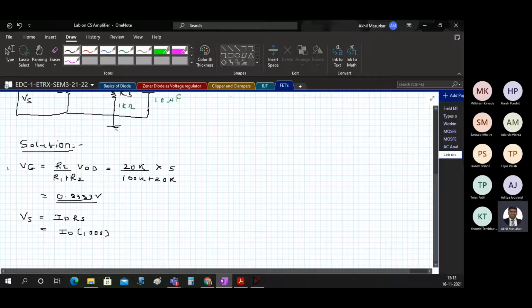Let's say this is step number 2, and then let's say we have 3 here, that VGS is going to be Vg minus Vs, and that is going to be 0.8333 minus ID into 1000.